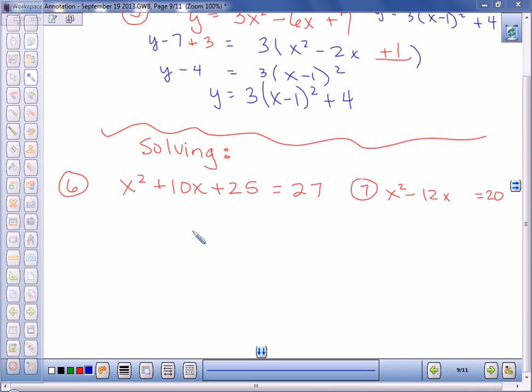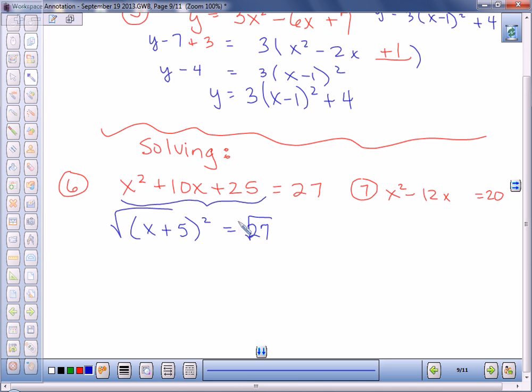Well, look at number 6, x squared plus 10x plus 25. This is already a perfect square trinomial, isn't it? So do I need to add anything? No, I just need to write it like this, x plus 5 squared. And then what did we do on our warm-up? We took the square root of both sides, didn't we? And so we get x plus 5 equals positive or negative, and this breaks down into a product of 9 and 3.